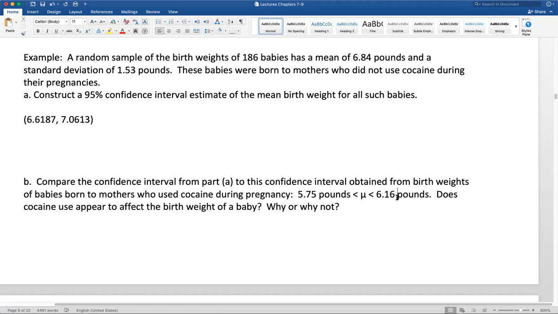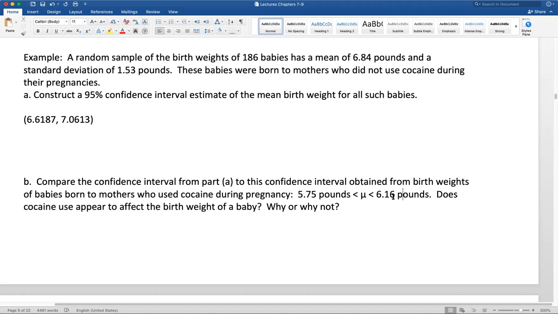Okay, so definitely the cocaine use appears to affect the birth weight of babies. With the same confidence level of 95%, we are confident that this population mean is between 5.75 and 6.16 pounds.